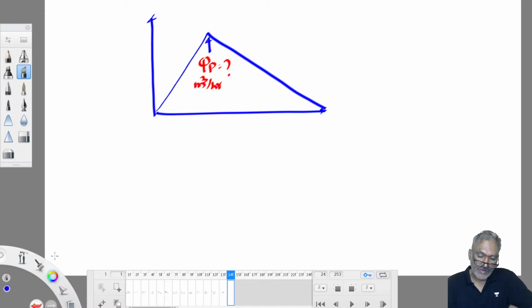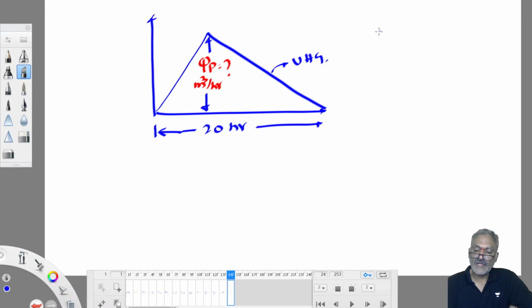The base is given as 20 hours. This hydrograph represents a catchment of area 500 hectares.